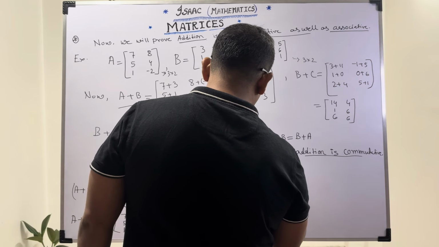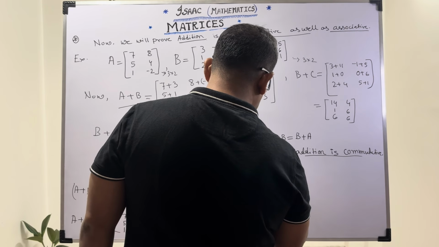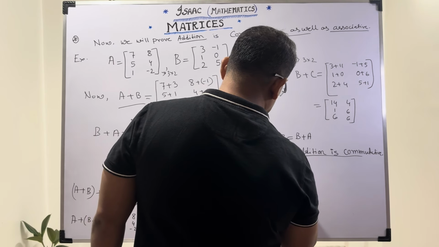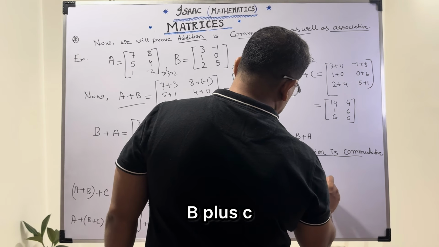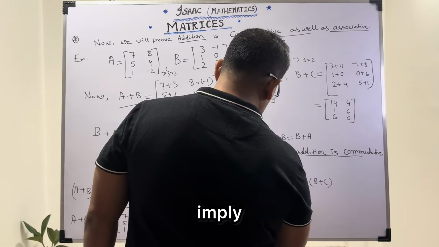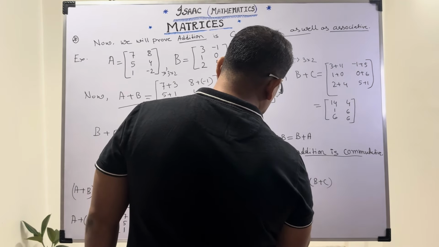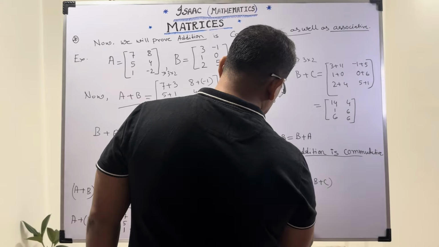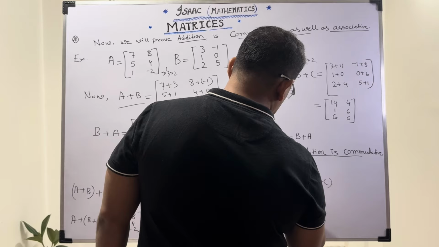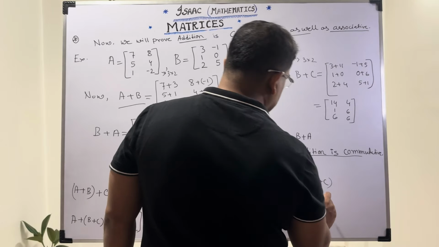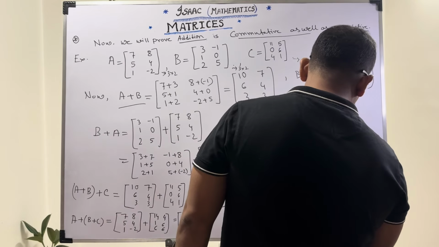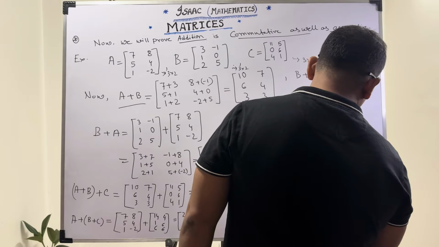Therefore, A plus B plus C is equal to A plus B plus C, implying matrix addition is associative.